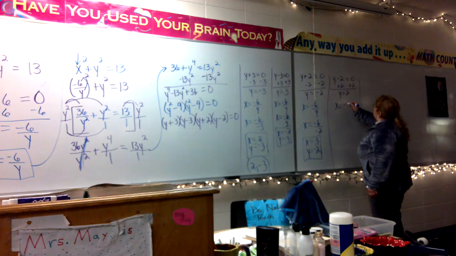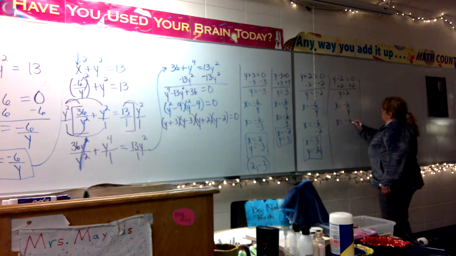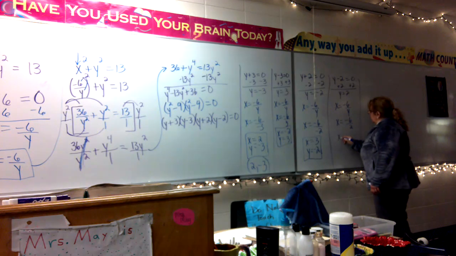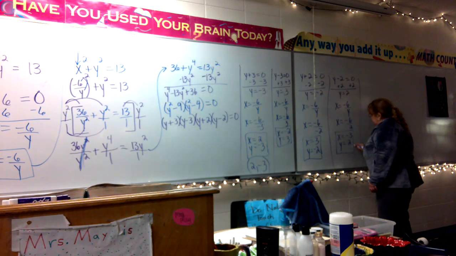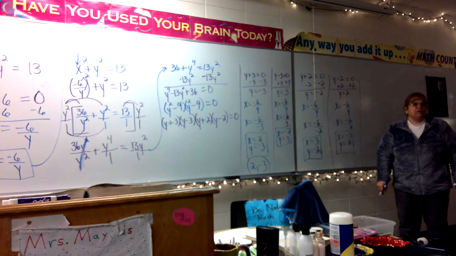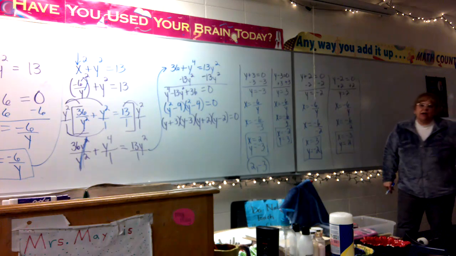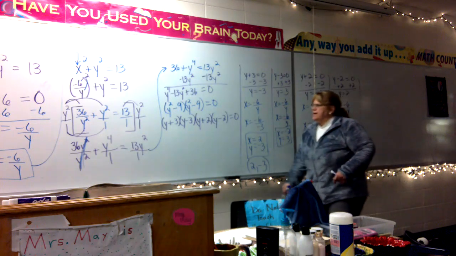X equals negative 6 over y, only one more, over 2. Negative 3 when y is 2. So you actually get 4 separate solutions for this one. Makes up for the one down there where it was no solution, right?